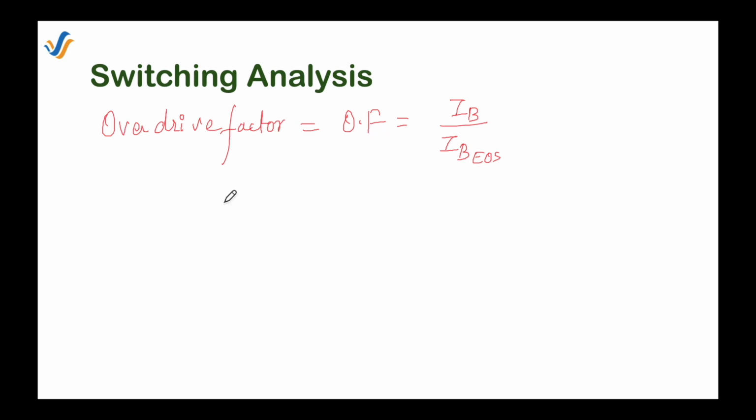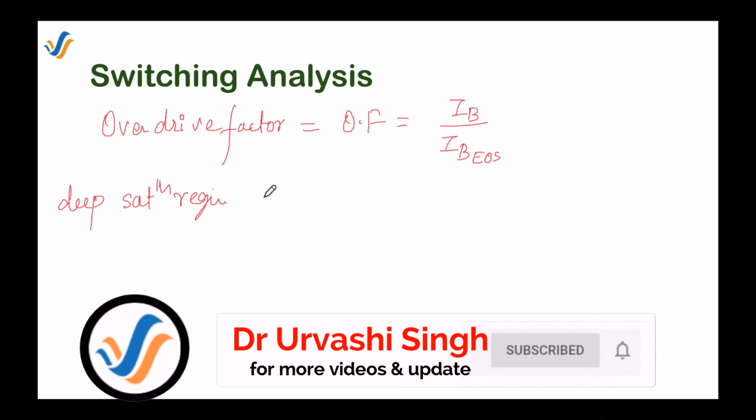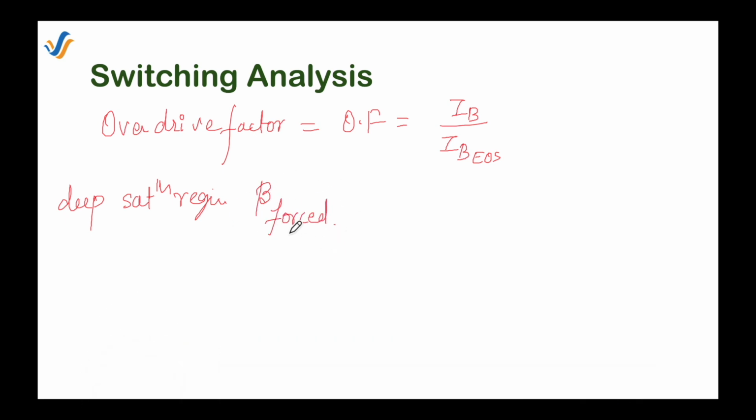But as we go further into the saturation region, that is the deep saturation region, then the common emitter current gain, that is the beta, is termed as beta forced. So basically beta forced is beta only, that is the common emitter current gain, but in the deep saturation region.